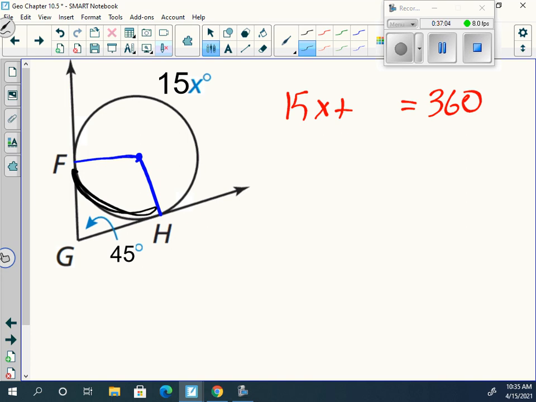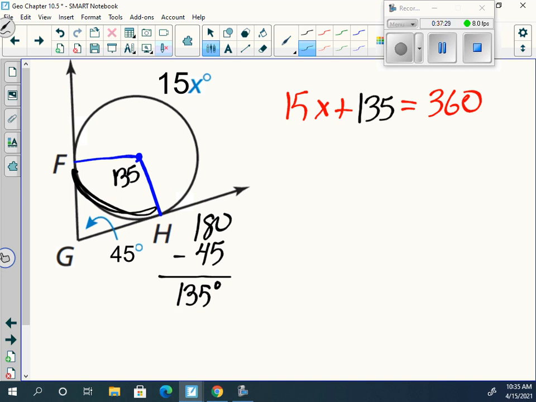Now to find the central angle, well, I know that the central angle and 45 add together to be 180. So we can do 180 minus 45 to get 135 degrees. So our central angle for this here is 135 degrees, which means the arc is 135 degrees. So 15x plus 135 is 360 degrees.